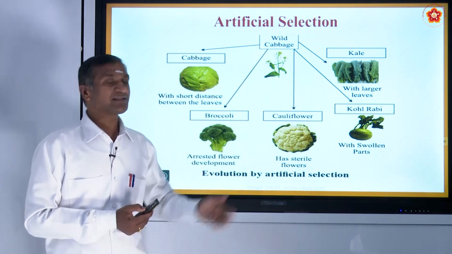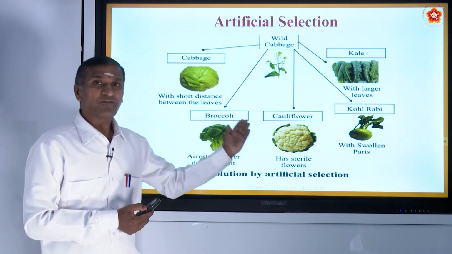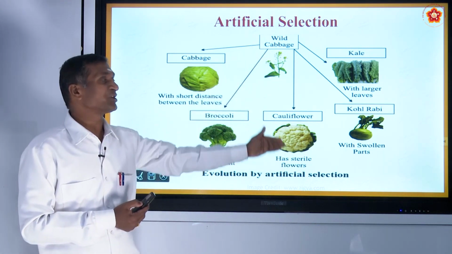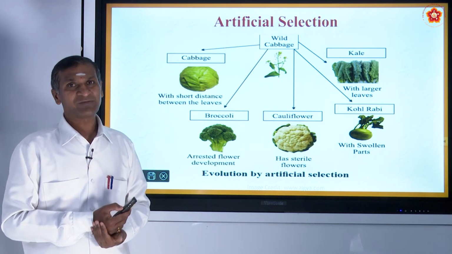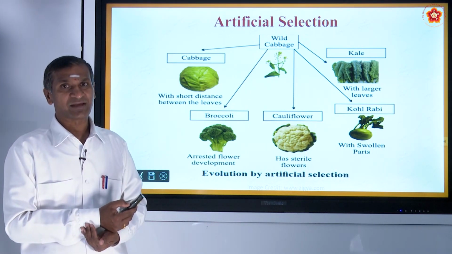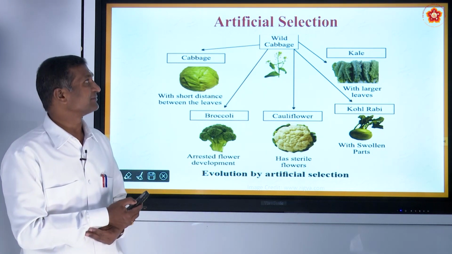The various forms of the wild cabbage, the wild one converted to a domestic one, are an example of evolution by artificial selection.